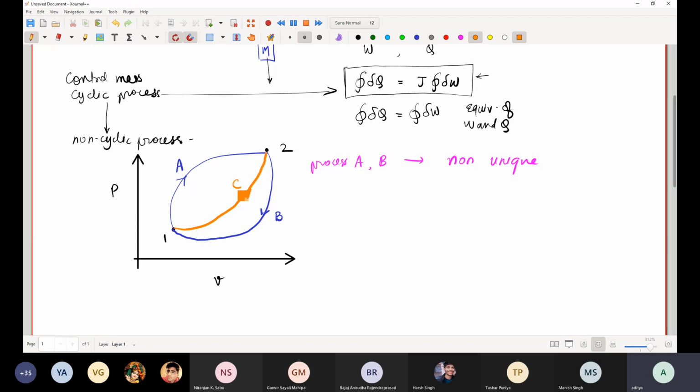I can go from point 1 to point 2 in process C and come back to state 1 through process B. So I now have two sets of processes. One is 1 to 2 using A and 2 to 1 using B, and the other is 1 to 2 using process C and 2 to 1 using process B.